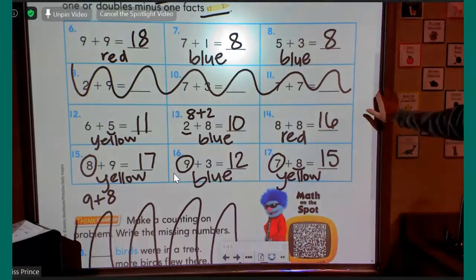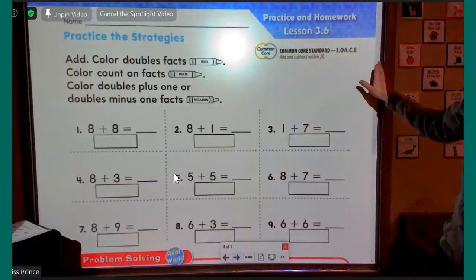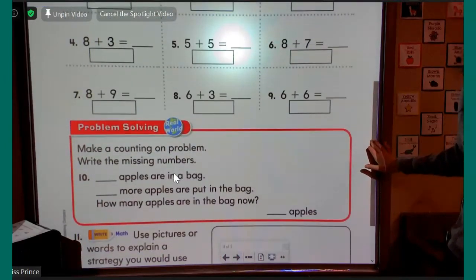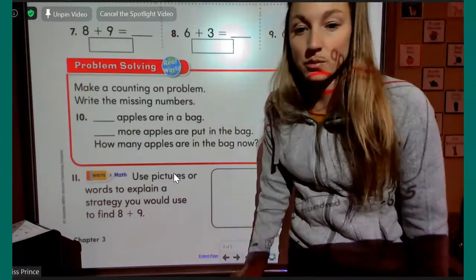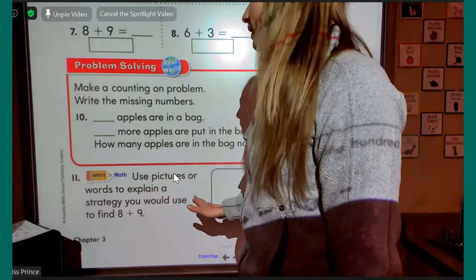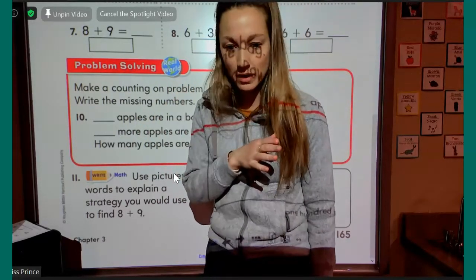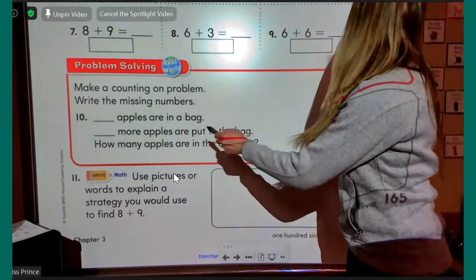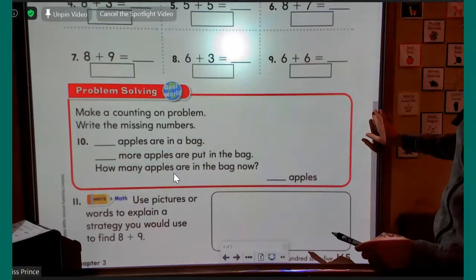Okay. This next page, boys and girls, is your homework. So, like I said, this is something that you will be doing at home by yourself. But we're going to go through, and I'm just going to cross out the ones that I'm saying you do not have to do, okay? So, this first page that we're on is 165.